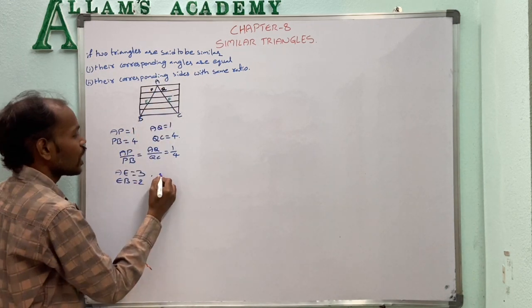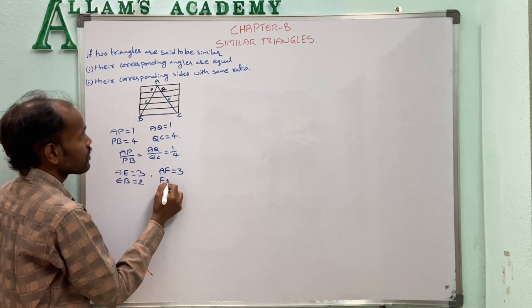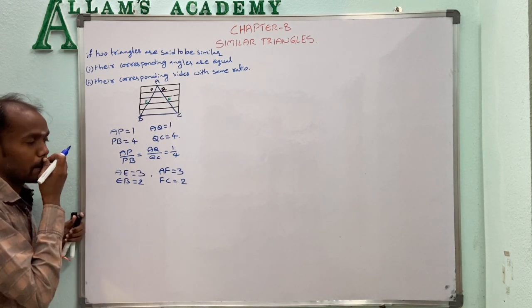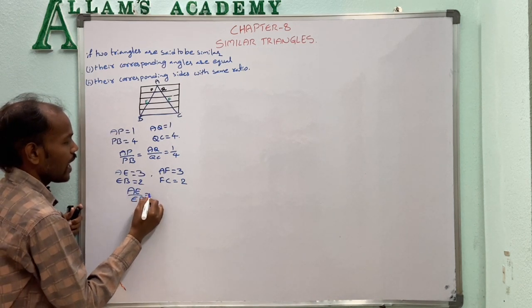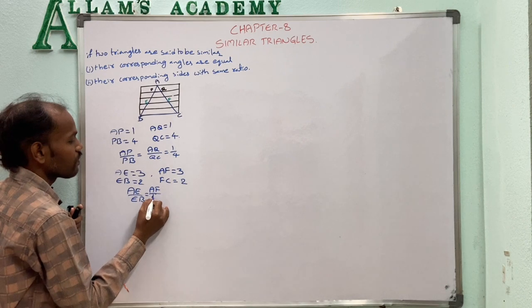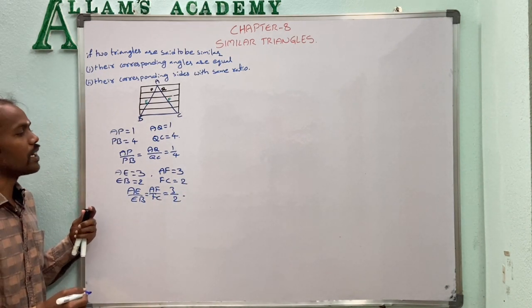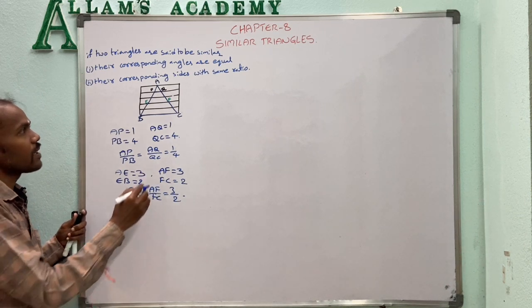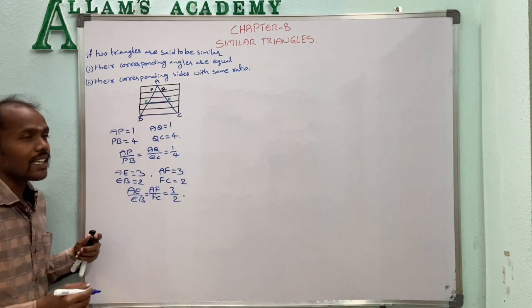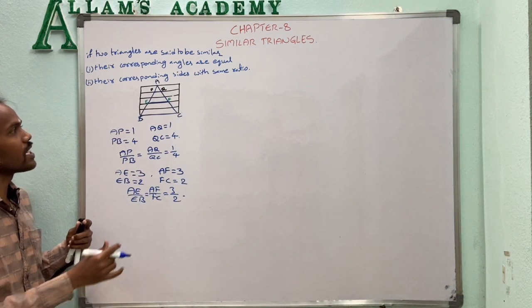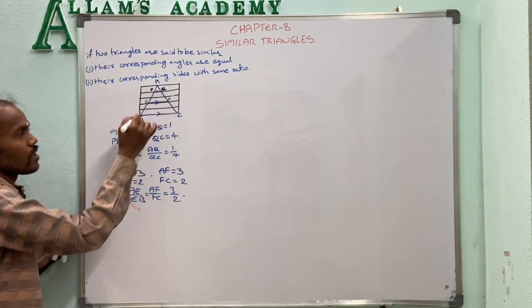Similarly AF is 3 and FC is 2. So AE by EB and AF by FC are equal, 3 by 2. So here also, if we join EF, that line segment is parallel to BC.